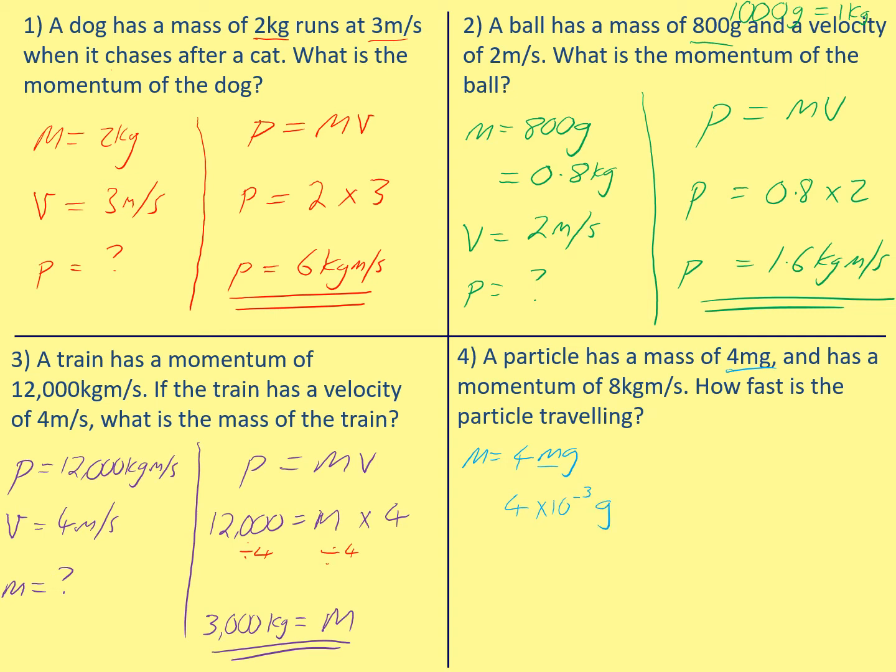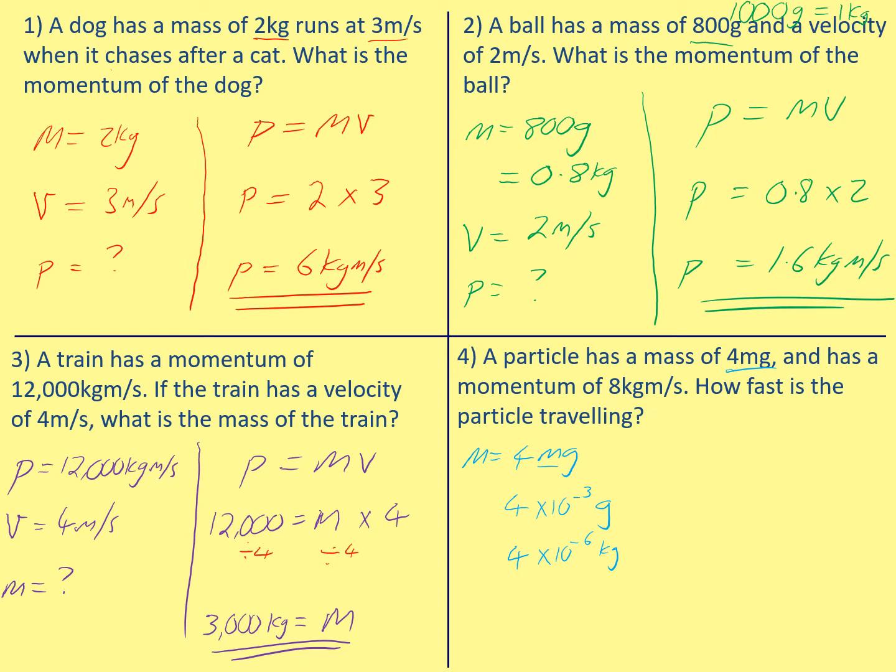It's 1,000th of a gram. So you could have done 4 divided by 1,000 to get grams. But that's still not in the right units. We need to divide it by 1,000 again to get into kilograms. So we've now got 4 times 10 to the minus 6 kilograms. Now it's in the right units.